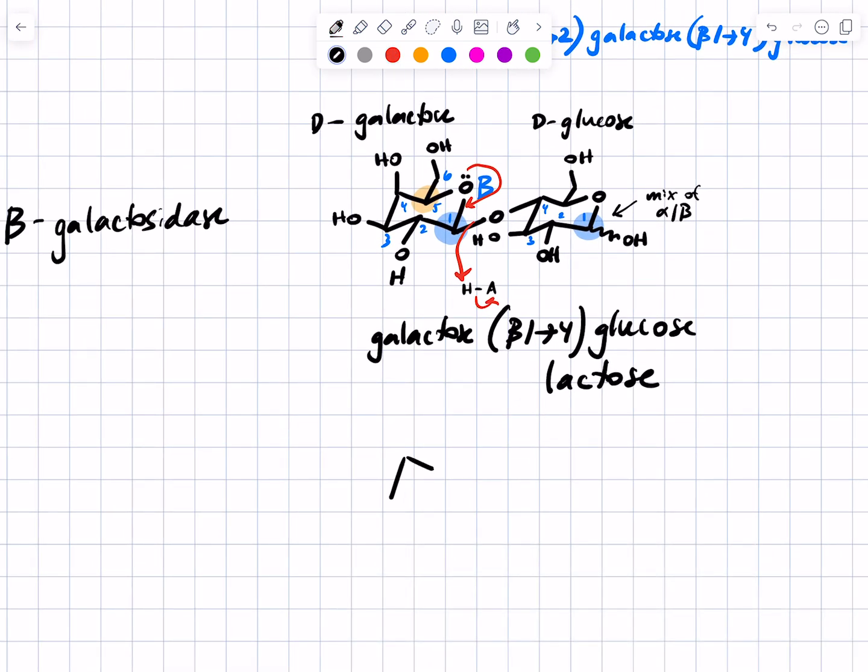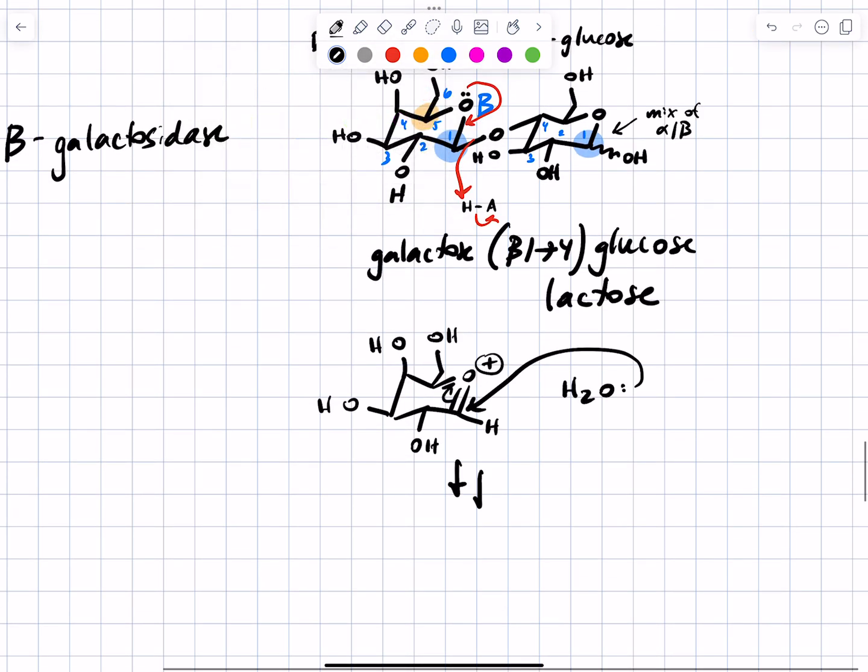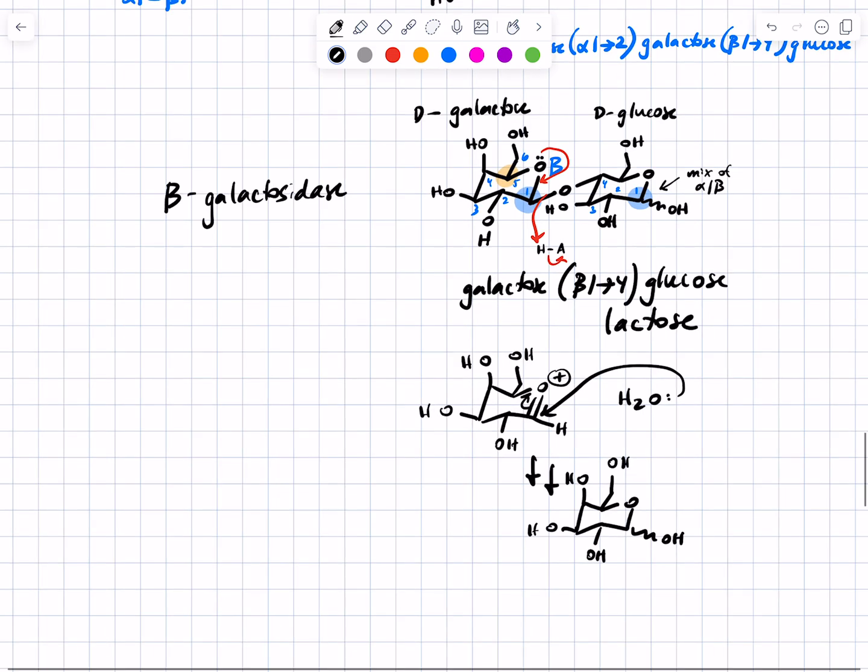Then that will give you the oxonium ion of galactose, which can then become just regular galactose by picking up a water nucleophile. I'm skipping a proton transfer step in the interest of time, but that will free up galactose. And then you can absorb both of them. And your body knows what to do with glucose and with galactose.